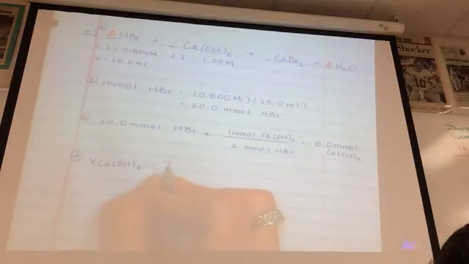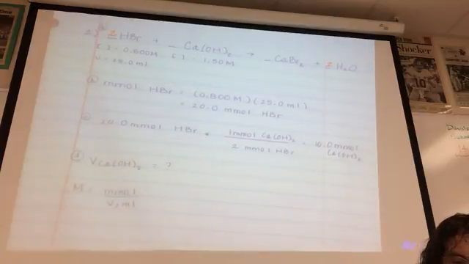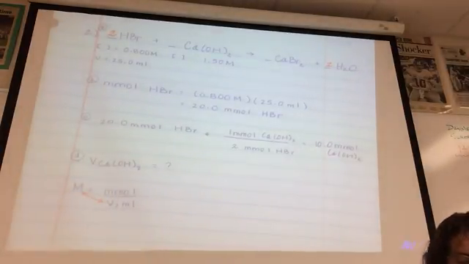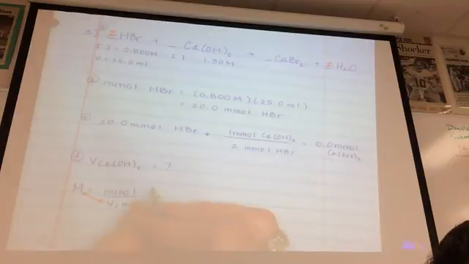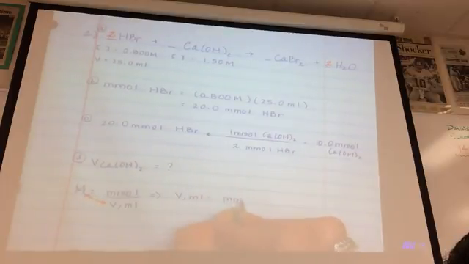Okay, we know molarity is millimoles over the volume in milliliters. So again, just like we've talked about in previous units, you can interchange a numerator on one side of the equation with a denominator on the other side of the equation. So the volume in mL is just millimoles over molarity.